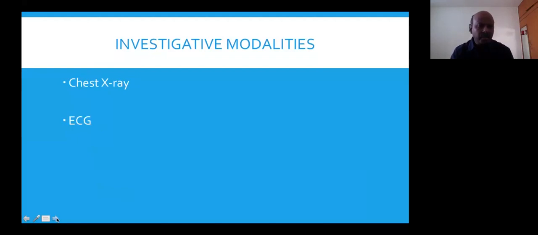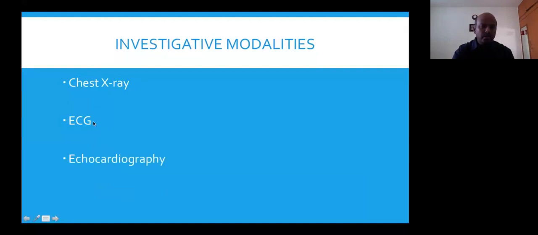ECG does not again contribute too much to a PDA diagnosis, except for the fact that you may have left-sided voltage predominance, which again is not too great a marker for diagnosing a PDA.